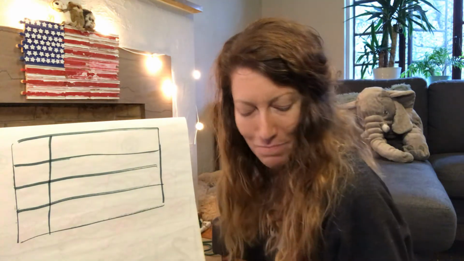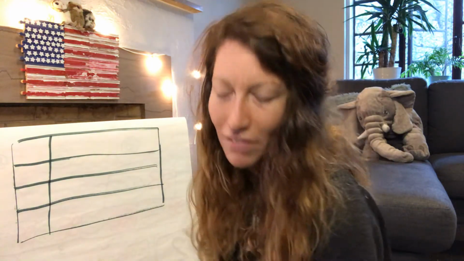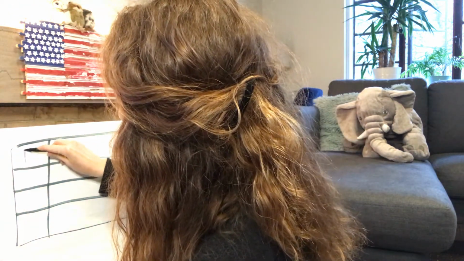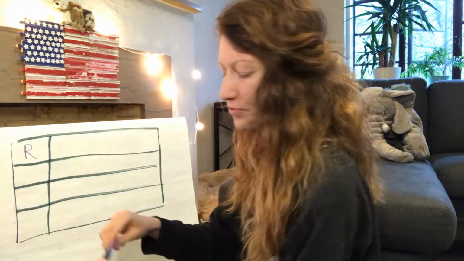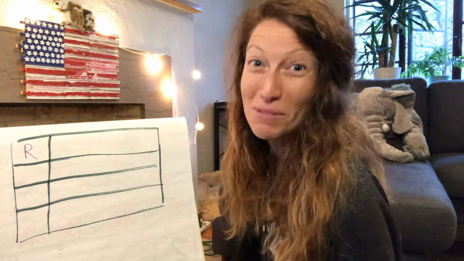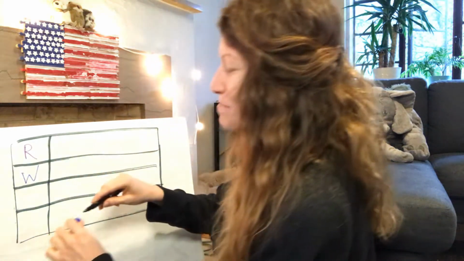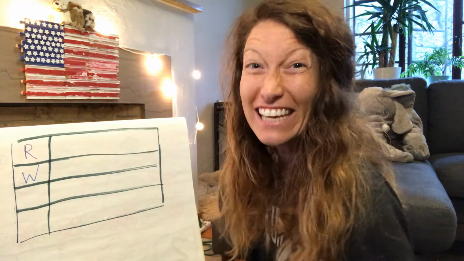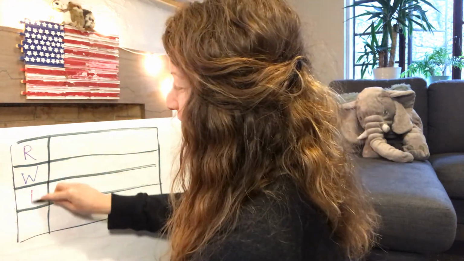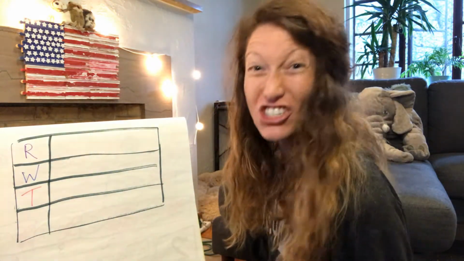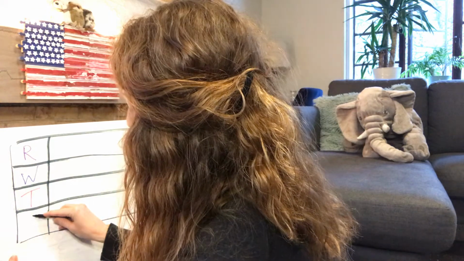Now, because I don't have enough room to write reading, I'm going to draw an R for reading. I'm going to make a W for walking. I'm going to make a T for talking on the phone. And I'm going to make a G for gardening.